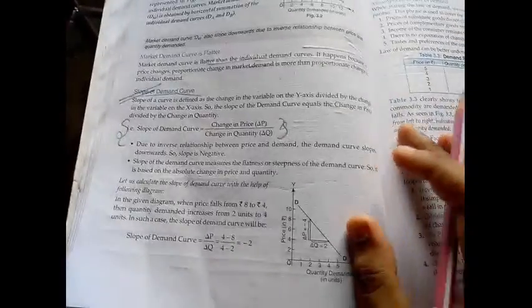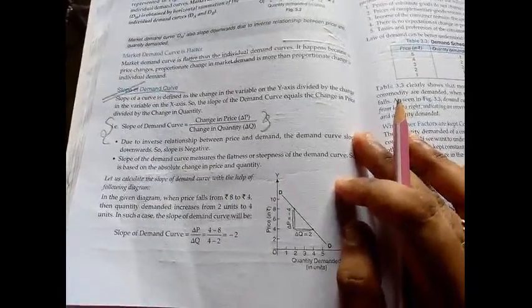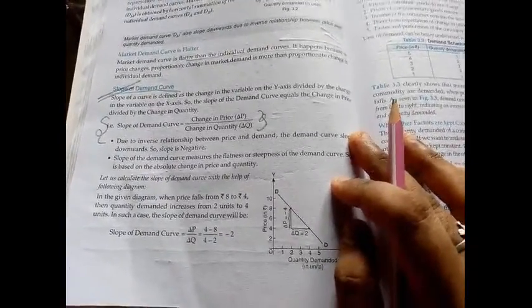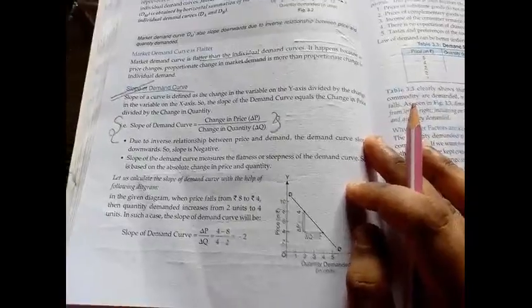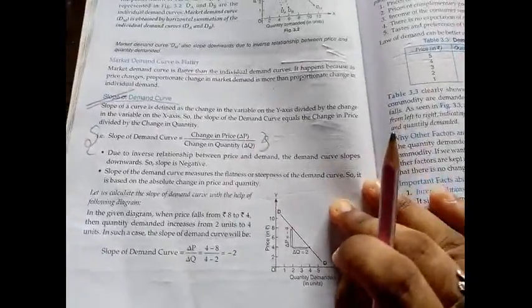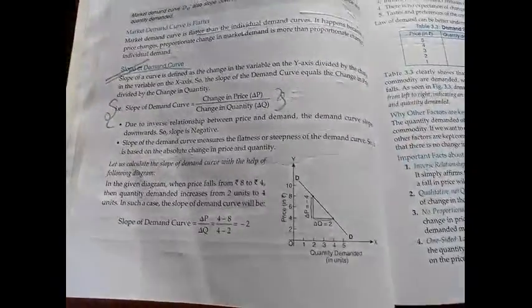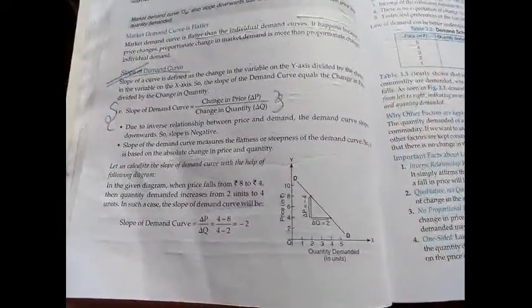Now, up till yesterday we have done the demand curve, the individual demand curve, market demand curve, schedule, all those things. Today we will concentrate on why the demand curve is downward sloping. I have told you the reason: because of the inverse relationship between price and quantity.